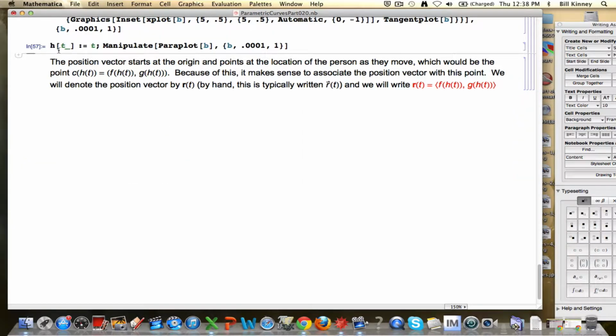Once again, just to emphasize, with position vectors, there's a natural association between the point and the vector. Notice on the right side of these equalities, these two things look practically the same. They are different. This one has parentheses. This one has these pointy things that look like a less than and greater than sign.